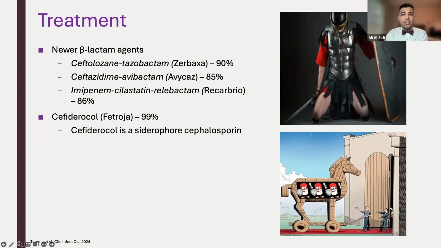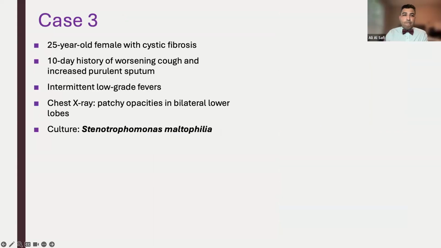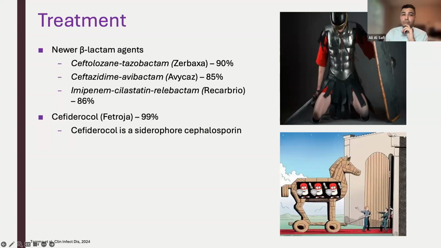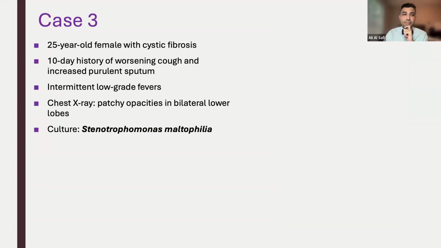It pretends to be an iron to sneak through the bacterial wall, then kills the bacteria once inside. So now cefiderocol is the last antibiotic option. Once we run out of cefiderocol, we're talking about things like phage therapy or a combination of multiple antibiotics with intermediate susceptibility.